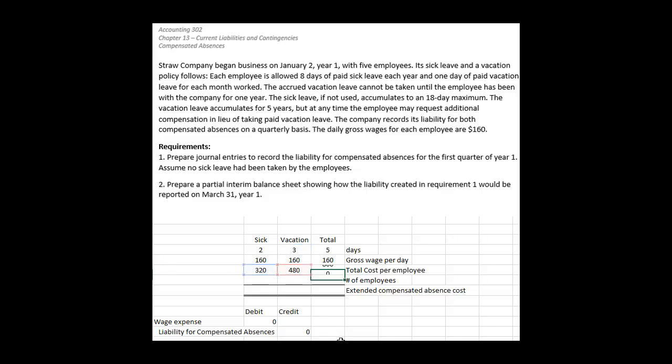You add those two together, that's my total compensated absence liability for each employee. Now there are 5 employees, and each employee will get the same amount. So the total cost, this extended amount here, is the total cost per employee times the number of employees. So for all the employees, we have $4,000 of compensated absences that we've guaranteed or promised to our employees.